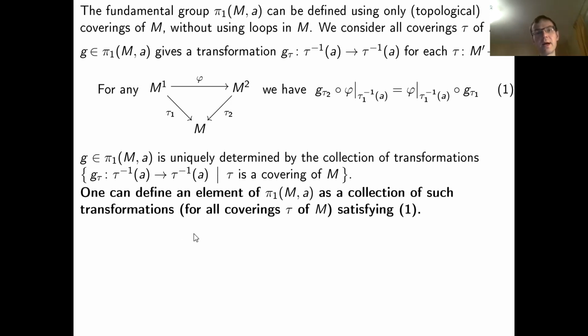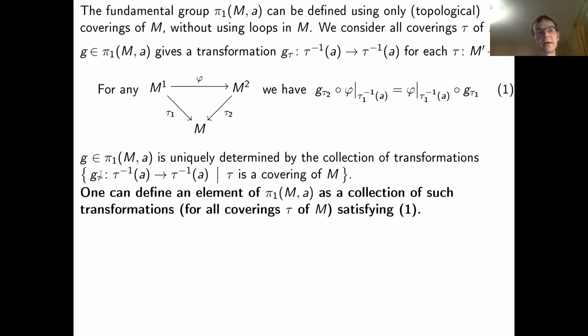In order to define one element of the fundamental group, we specify a transformation G tau for every covering tau. So for every covering tau, we choose a transformation of the fiber. We call it G tau, and we require that for any commutative diagram like this, where tau1 and tau2 are coverings and phi is an arbitrary continuous map, one must have this property.